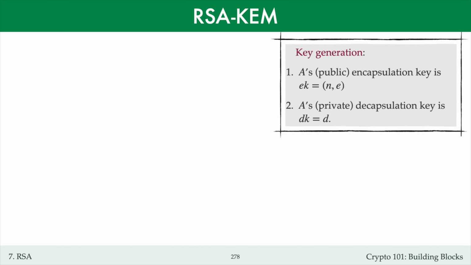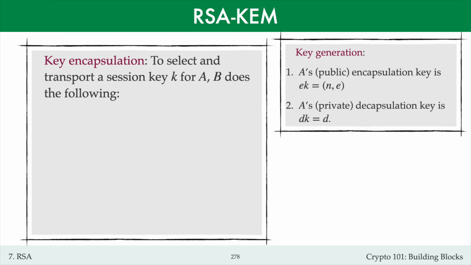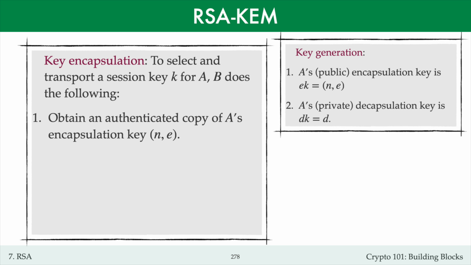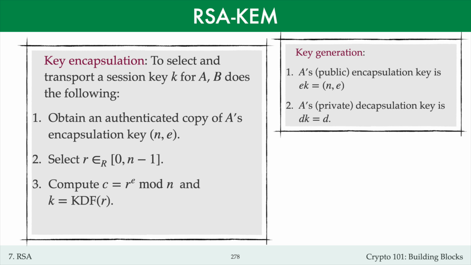Key generation for RSA-KEM is the usual RSA key generation. To encapsulate a key for Alice, Bob does the following. He obtains an authenticated copy of Alice's encapsulation key n, e. Then he selects a random integer R between 0 and n minus 1 and encrypts R by computing R to the power E modulo n.